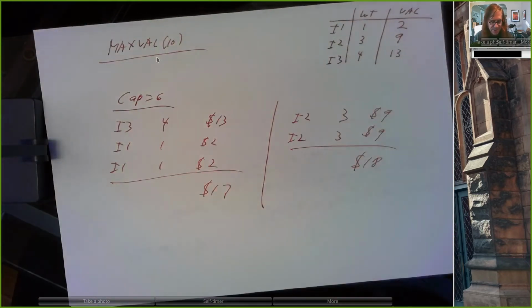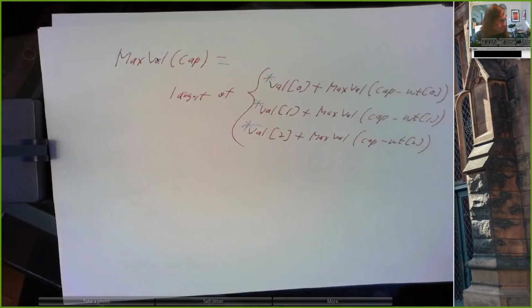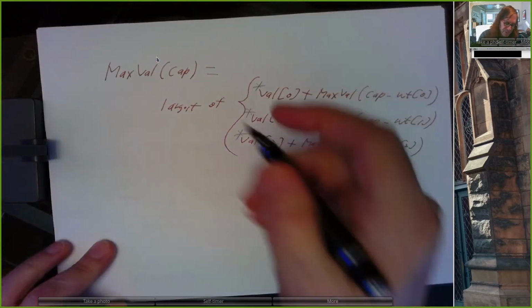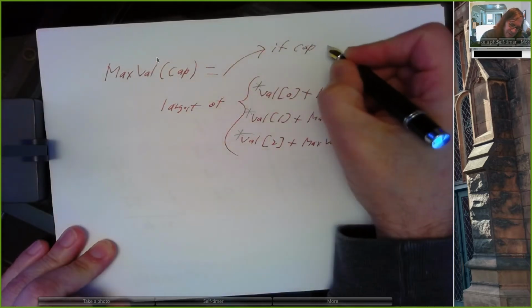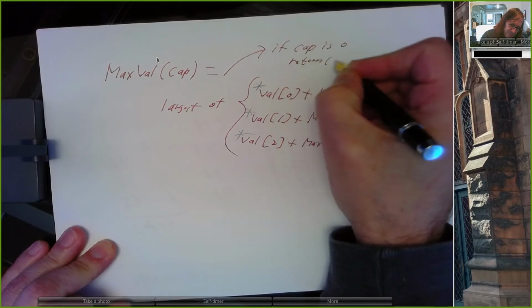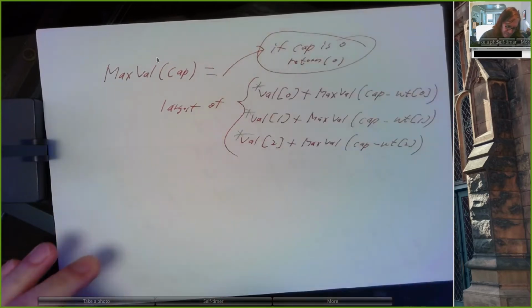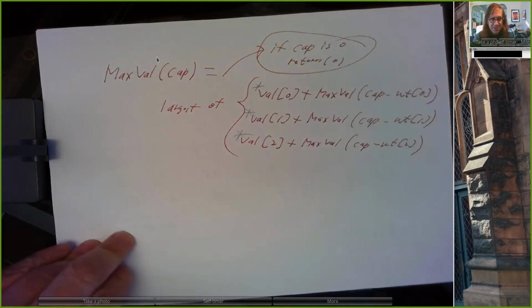But in my code, I'm going to have a base case, which is going to say if capacity is 0, return 0. That's going to end my recursive descent down the rabbit hole.